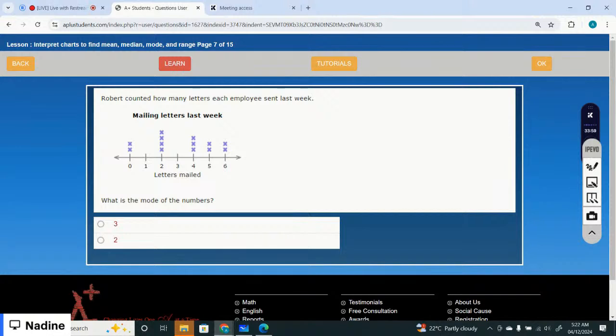Robert counted how many letters each employee sent last week. What is the mode of the numbers? Which is the correct option?